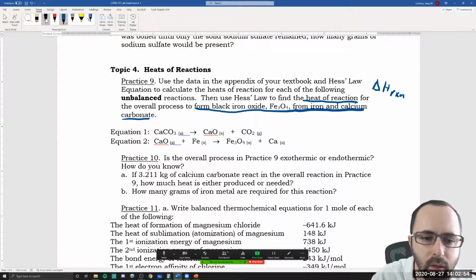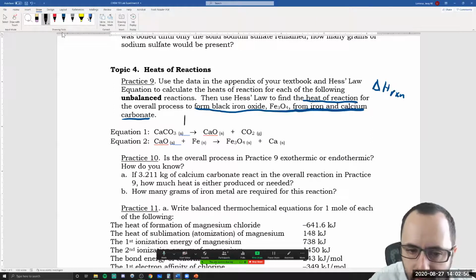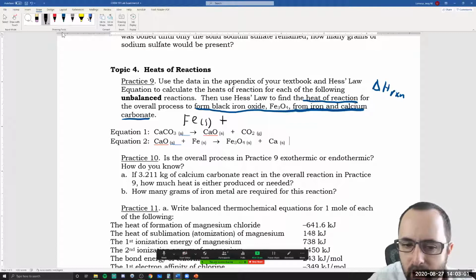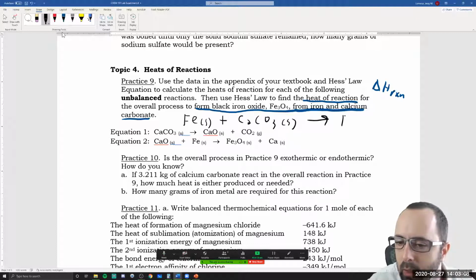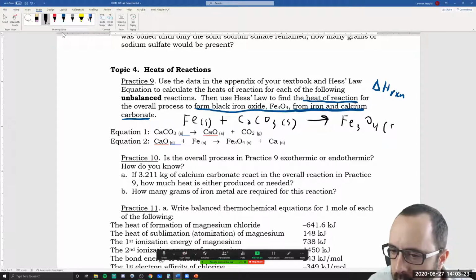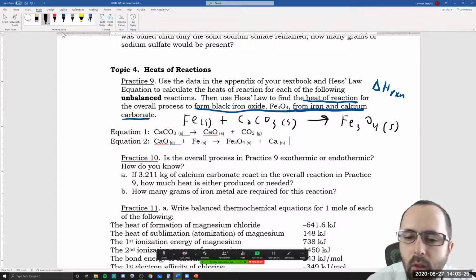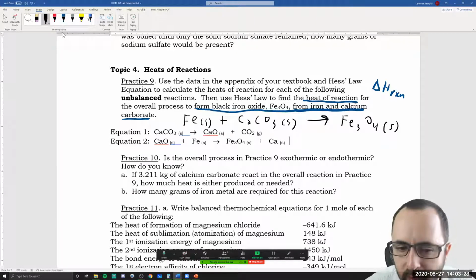That would be iron, just solid iron, and calcium carbonate, CaCO3, and these are going to be forming Fe3O4, which they call black iron oxide. Kind of a weird ionic compound here. But they give you the formula, so you didn't have to figure it out for yourself.